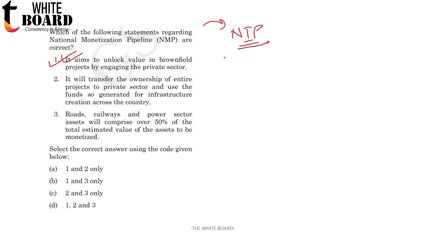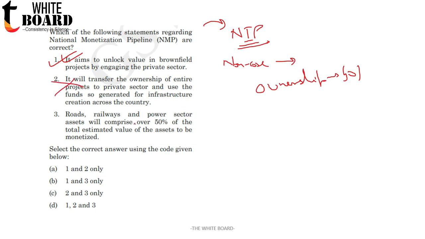So the non-core assets of the public sector enterprises or the public sector land will be given to some private players on lease. So there is no transfer of ownership. Ownership will remain with the government only. It will transfer the ownership of the entire project? No, it will be given on lease.